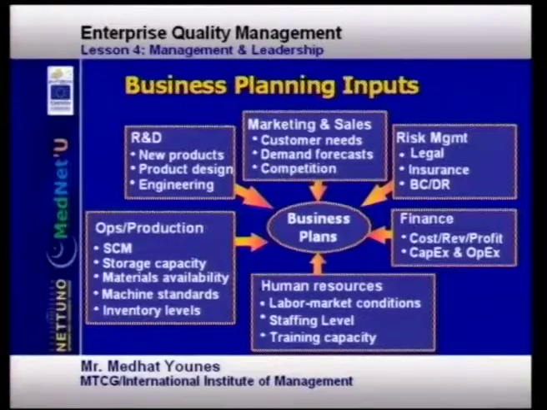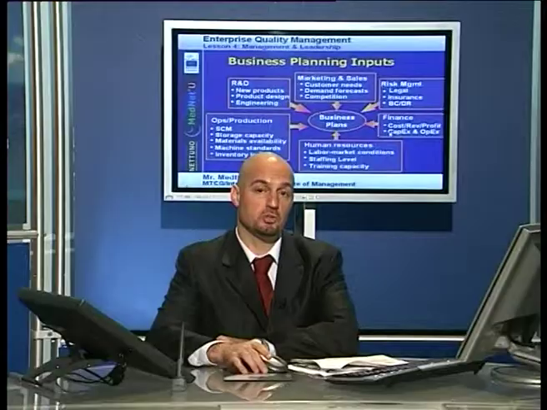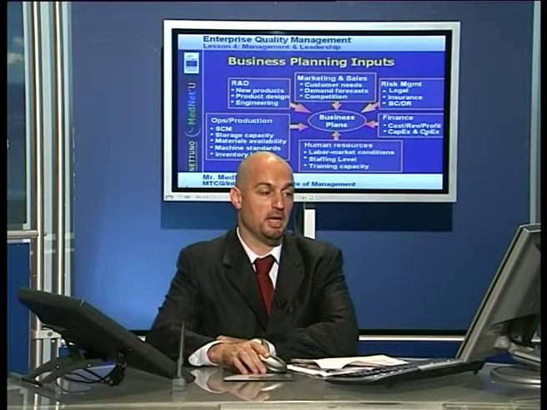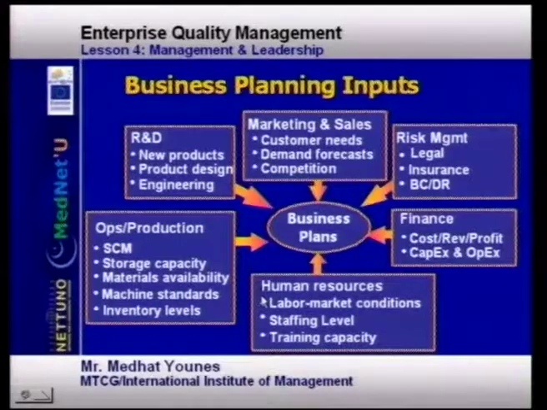The finance planning focuses on cost, revenues, and profits, as well as on the control of capital expenditure and operational expenditure. The human resources planning includes the labor market conditions, the staffing level, and the training capacity.